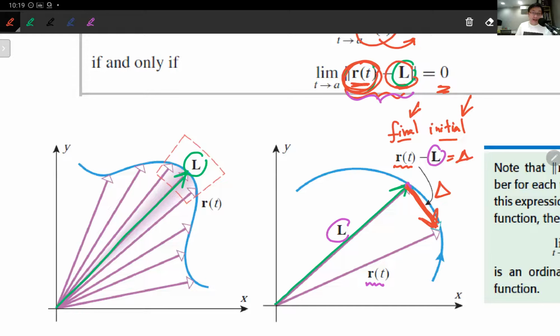Are you following? So every time you want to talk about the change, it's changing from L to r. What is the vector representing this change? We name it delta. What is going to be the direction of the delta? It's like you grab the head of L and yank it to r. The direction of your pull, that is the direction of the change.